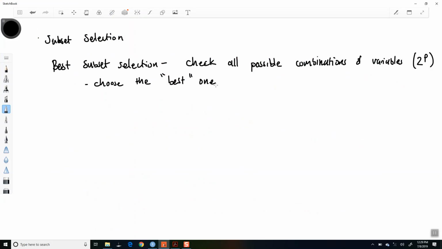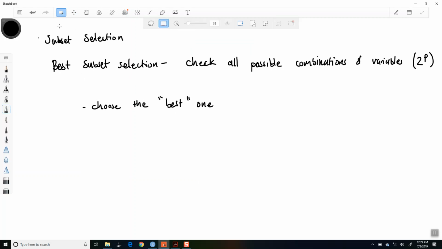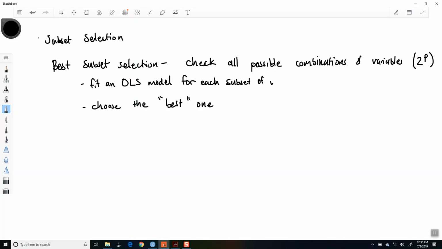So it's check all possible combinations of variables, and then fit an OLS least squares model for each combination, each subset of variables.